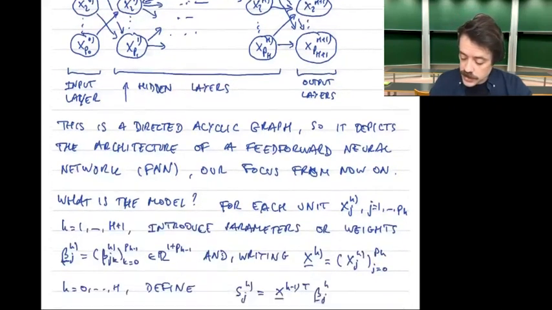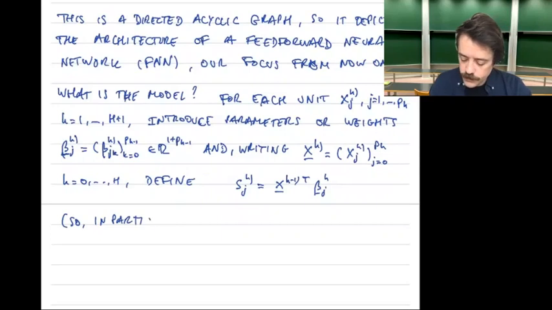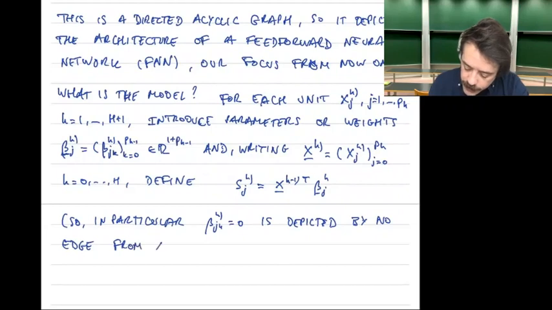Right, and so let me just say graphically, so define this, and let me just point out, in particular, beta_jkh being 0 is going to be depicted by no edge from x_k,h minus 1 to x_jh, right?